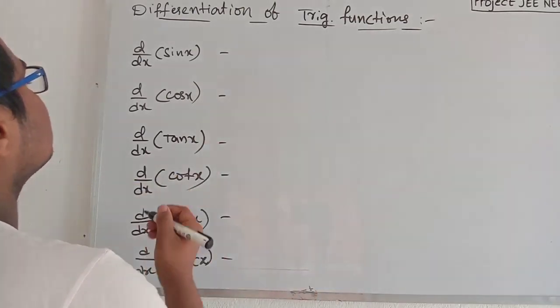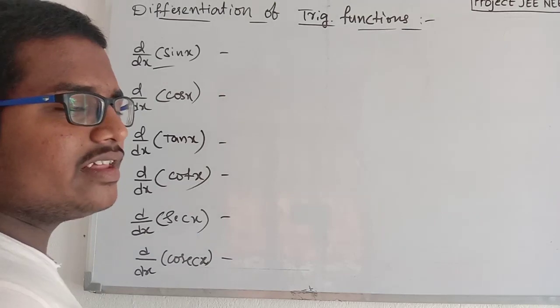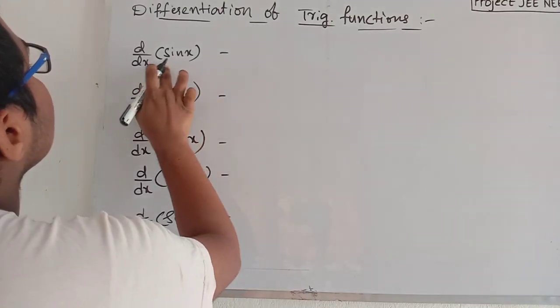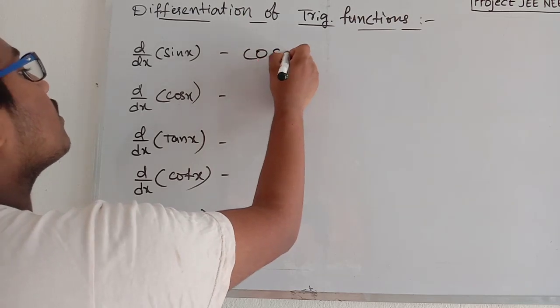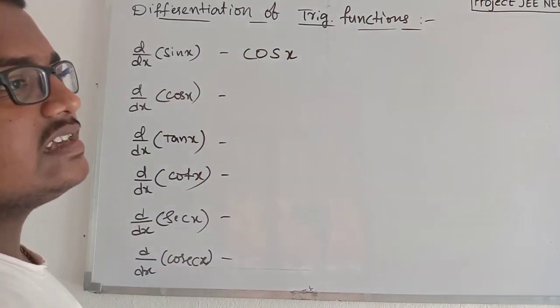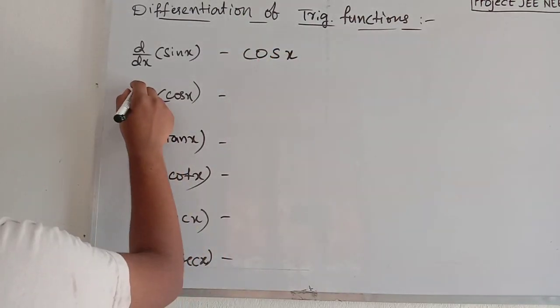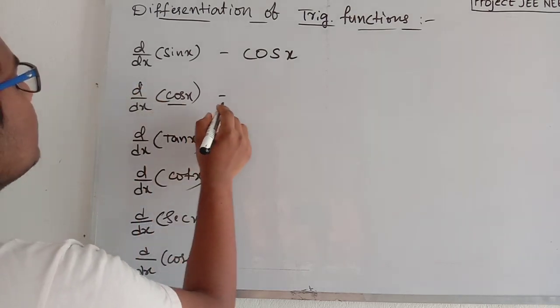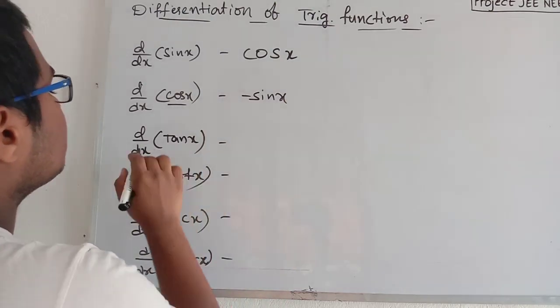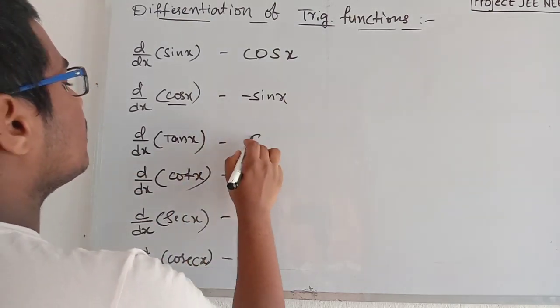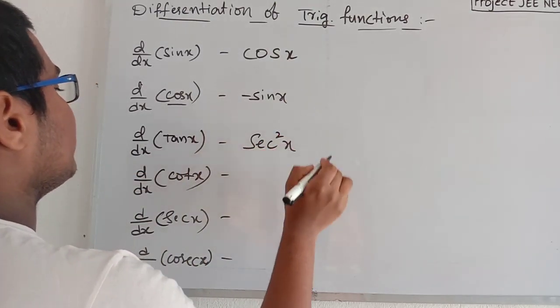So what is the derivative of sin x? The result is cos x. D by dx of cos x is minus sin x. D by dx of tan x is secant square x.